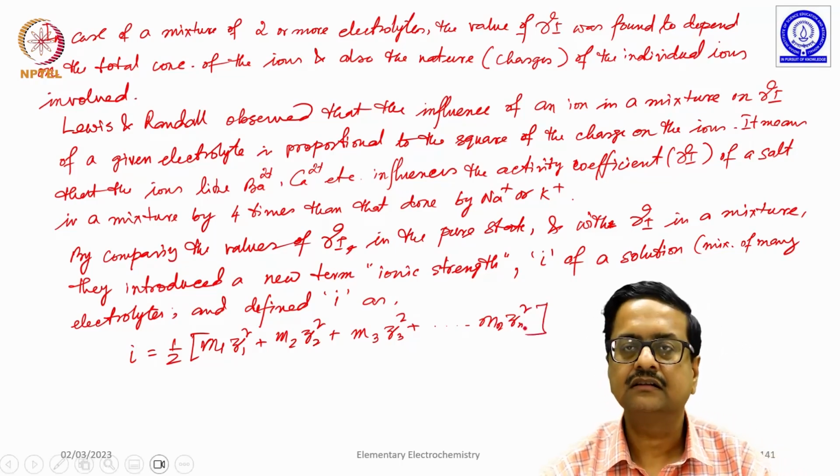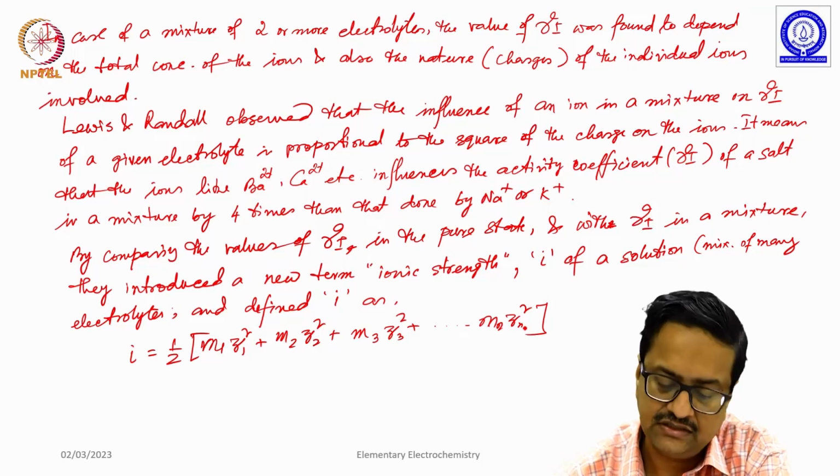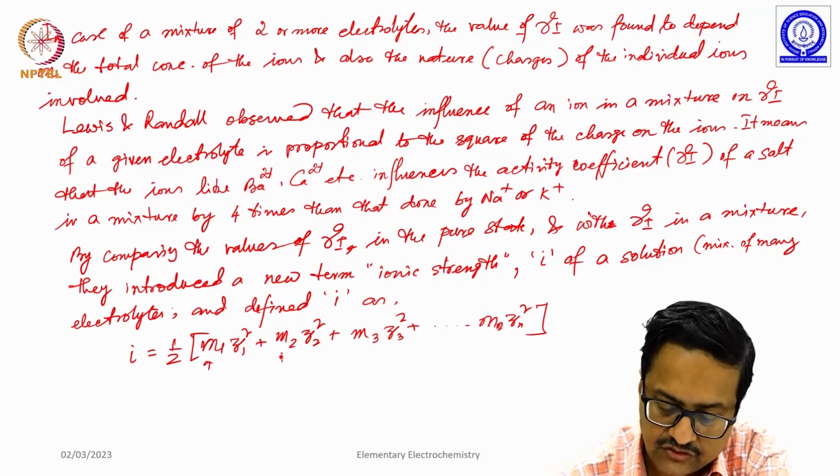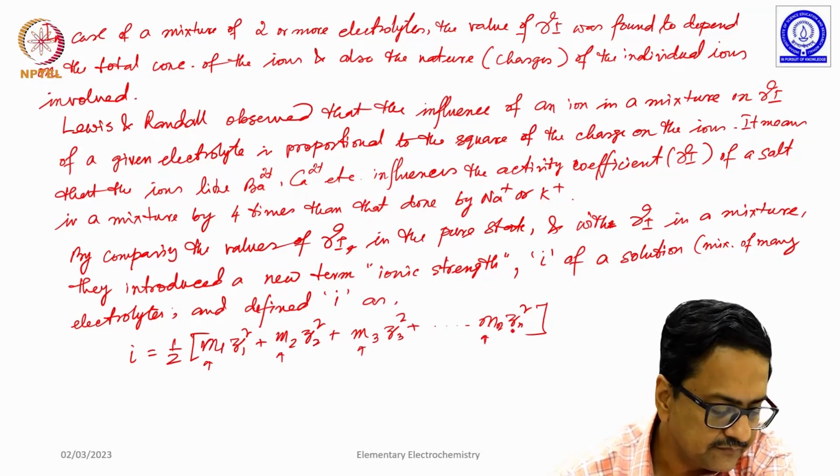That means there are n number of ions, may be cation, anion, it does not matter, and m terms are the corresponding concentrations of those ions in terms of molality.